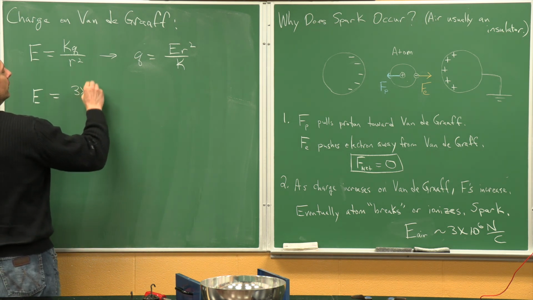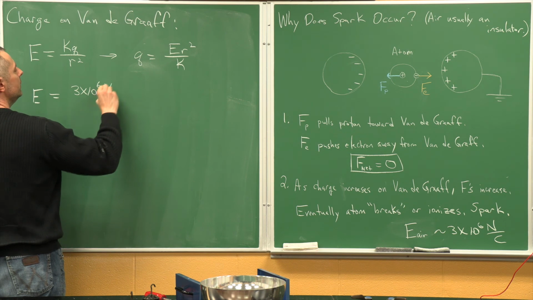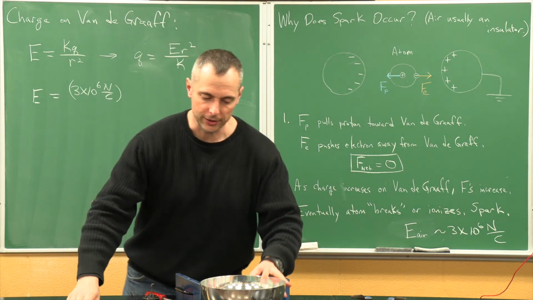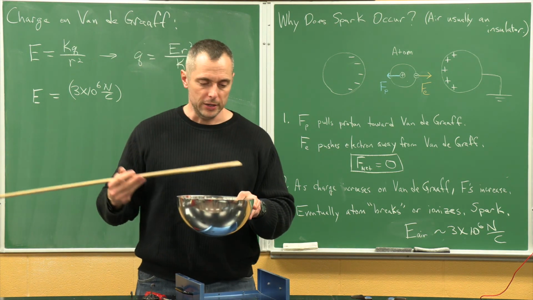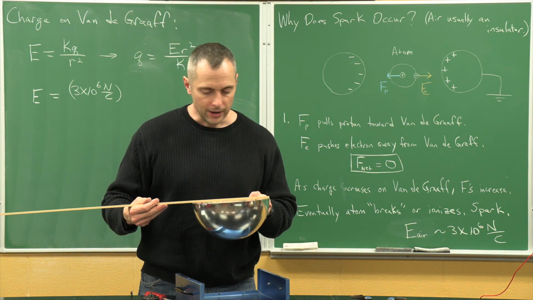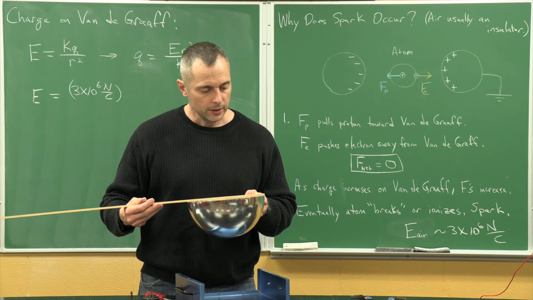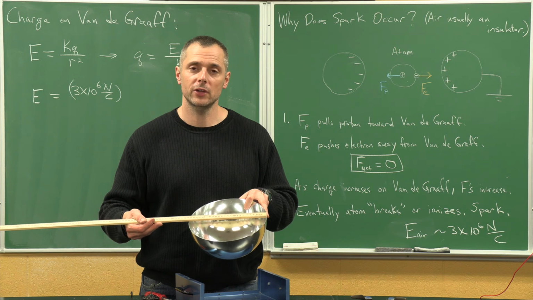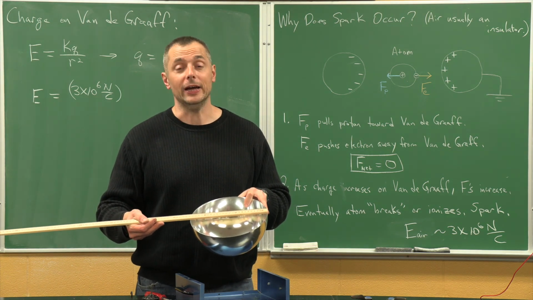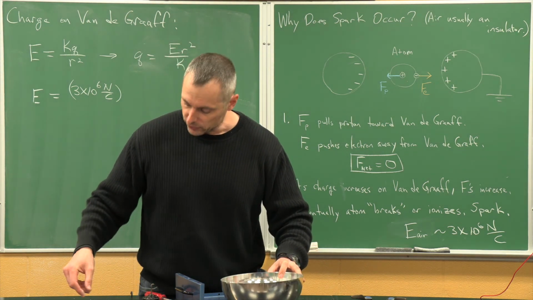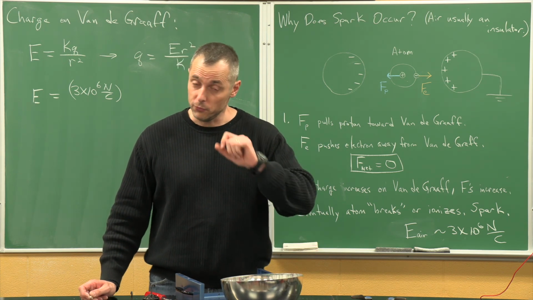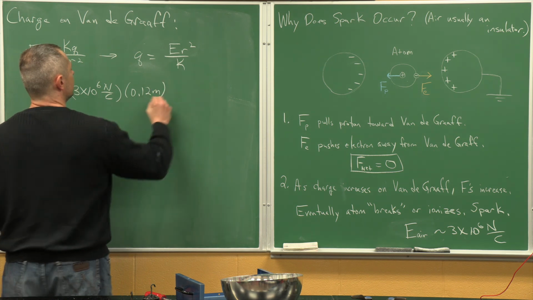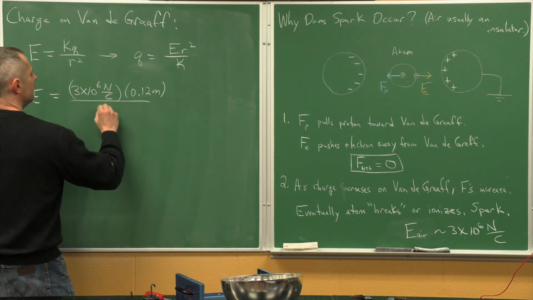So the electric field where the spark occurs builds up to 3 times 10 to the 6 newtons per coulomb. What's the radius of the Van de Graaff generator? Well, I could get a meter stick here, and I'm seeing about 24 centimeters diameter, which would make a 12 centimeter, half of 24, radius. So 0.12 meters. All over Coulomb's constant.